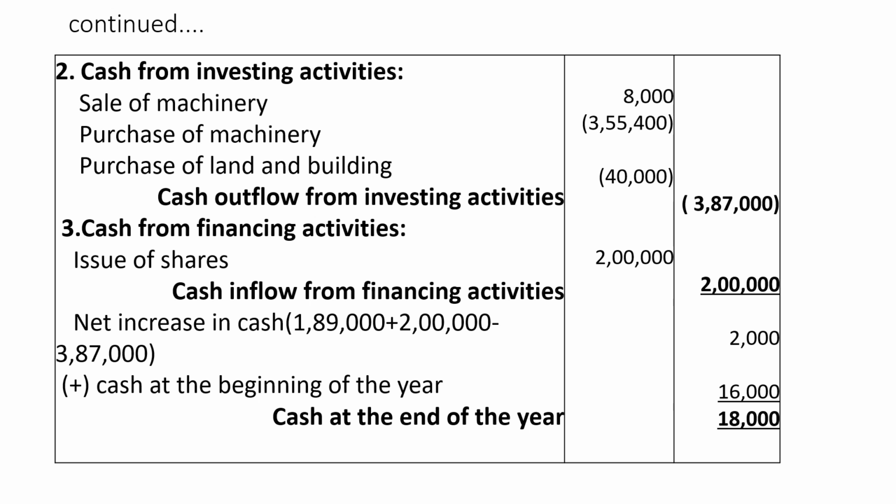Net increase in cash is equal to 1,89,000 plus 2 lakhs less 3,87,000. Then the difference is 2,000. To this add cash at the beginning of the year 16,000. Then 18,000 is the cash at the end of the year.